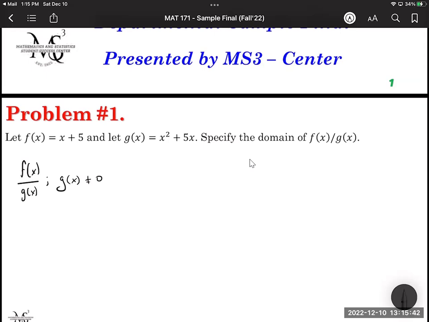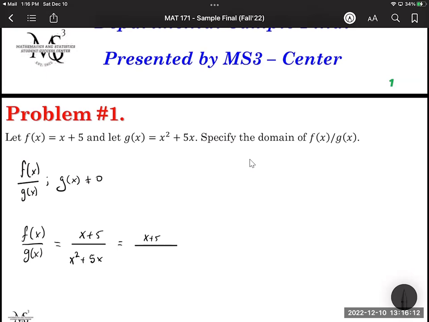So let's write out our function. If we have f of x over g of x, then this is simply x plus 5 divided by x squared plus 5x. There are values of x that make this bottom 0. One way to tell is to rewrite the denominator in factor form.